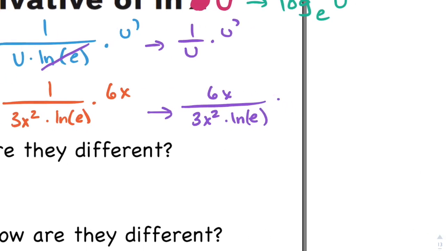This becomes 2 over x, because the ln of e will go away, and then we're left with 6x over 3x squared, which simplifies, I factor out a 3 and an x, and it becomes 2 over x.